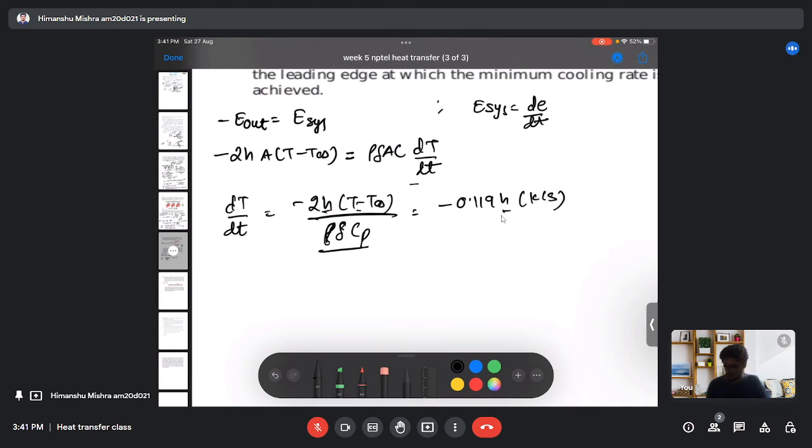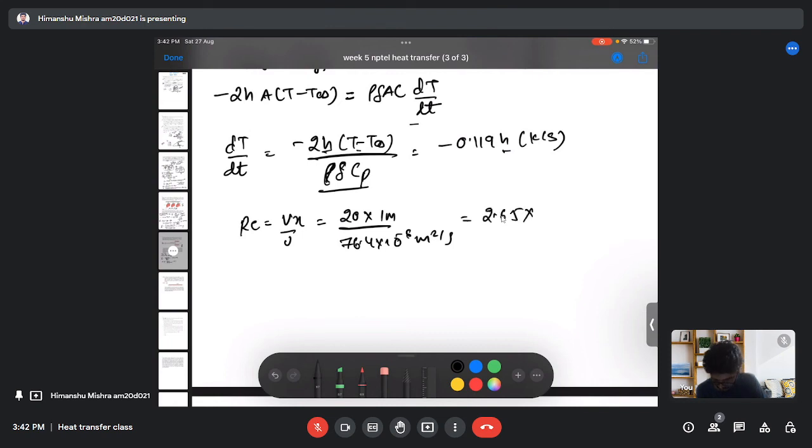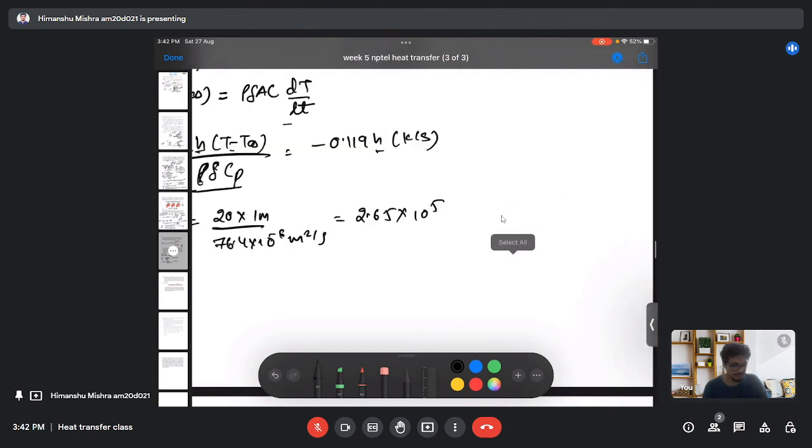For this, we need to check whether the flow is in the laminar or in the turbulent regime. So we will calculate the Reynolds number. Here the Reynolds number is less than the critical Reynolds number, so we can conclude that the flow is in a laminar state.